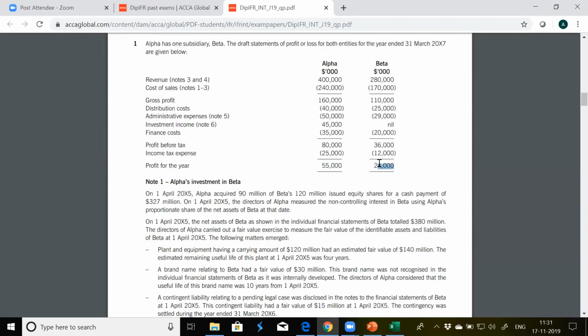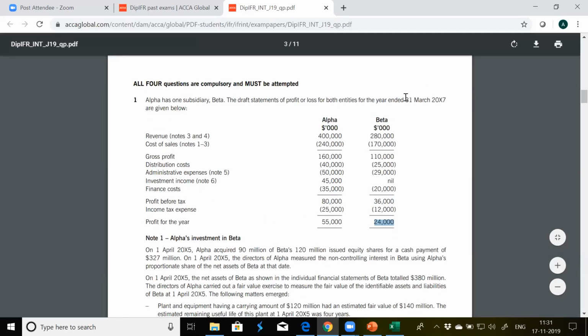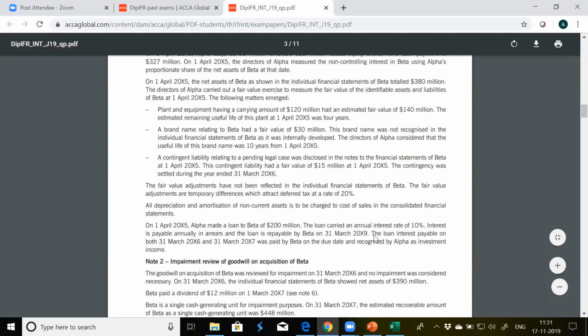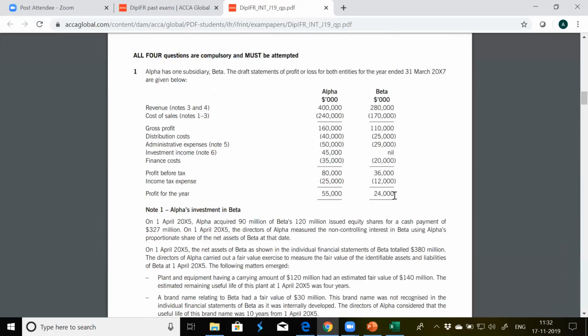Profit for the year for the period 1st April to 31st March 2007 is 24,000. So that means the net assets increased by 24,000 during the year. The opening balance of net assets as given to us is 390,000. This is on 31st March 2006. This net assets 390 million has increased by 24,000 during the year. Agree?